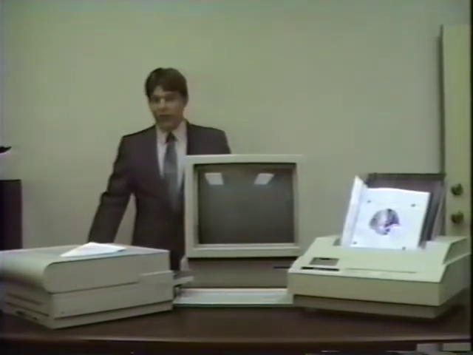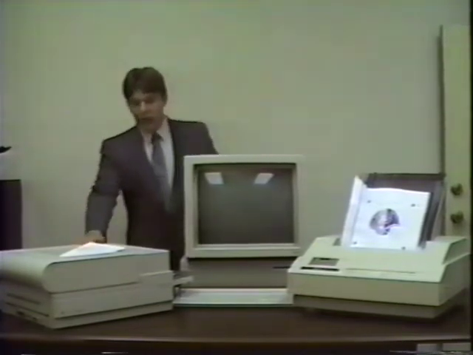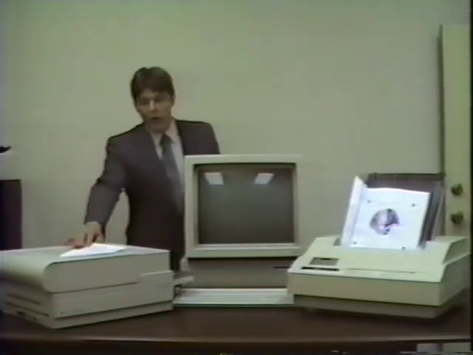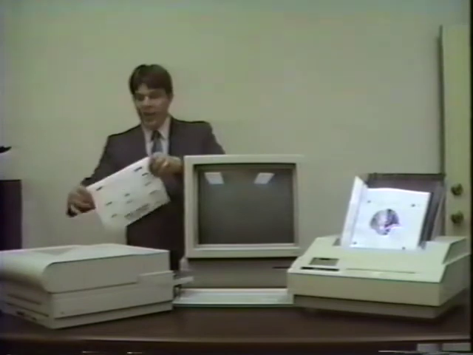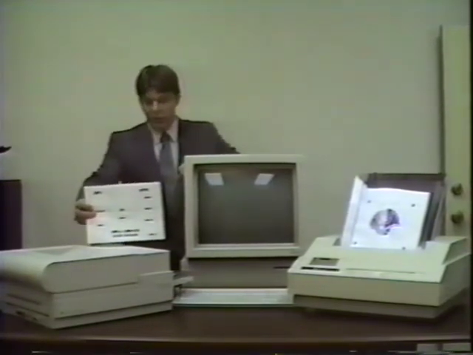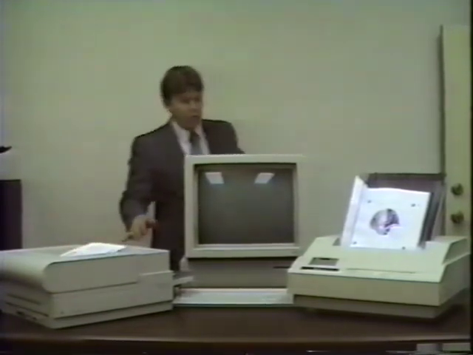Next, one of the things that your calculator didn't have, unless you had a printing calculator, was an output device. This one here is called the LaserWriter, and the LaserWriter is a black and white printer or output device. Here is an example of the type of output that the LaserWriter is able to generate. That is our second type of output device.